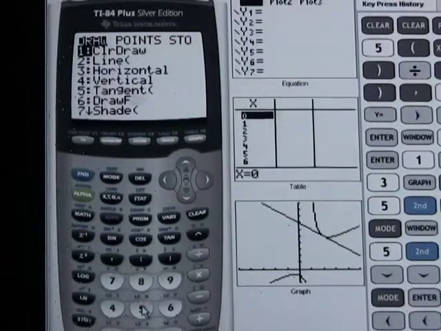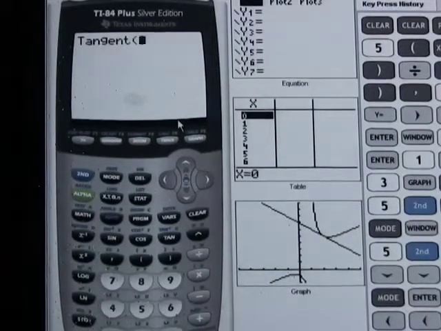So we need tangent of the function. What is our function? Our function is x squared plus 2, is that right? Well, our function is x squared plus 1, so you need to enter that in parentheses.